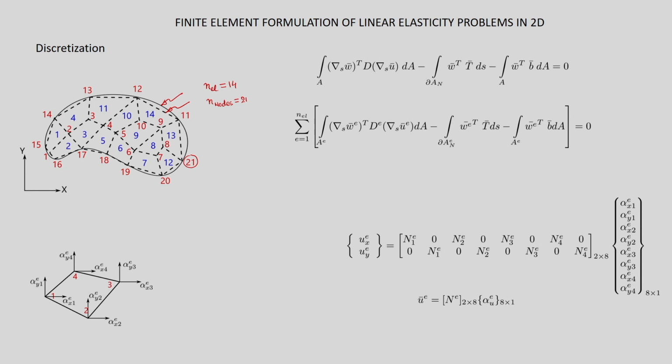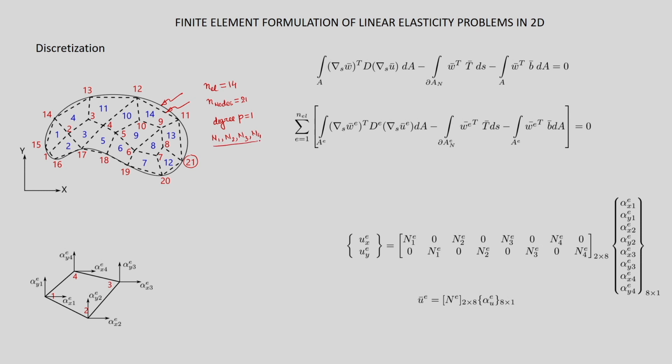So, now we have obtained the mesh and we have decided that we will use the quadrilateral element with degree p equal to 1. So, in that case we have 4 shape functions, alright, that are non-zero in each of the elements. So, N1, N2, N3, N4.